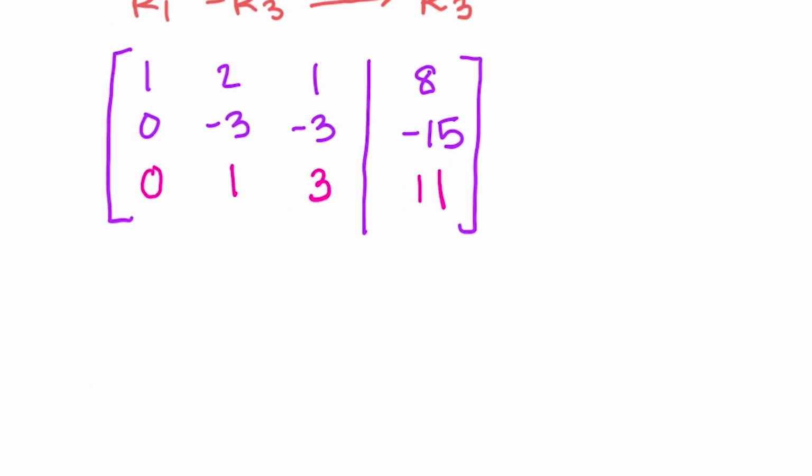The next thing I am going to move to is this number right here. We want 1s along the diagonal, and I would love for that to be a 1. So we need to figure out some sort of combination to make that a 1. At this point, you need to always use rows 2 and 3 together.